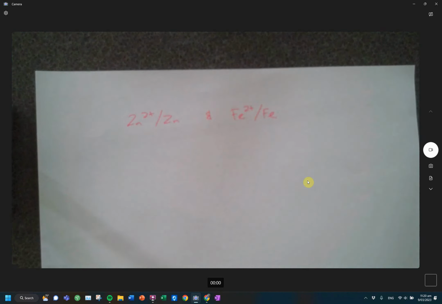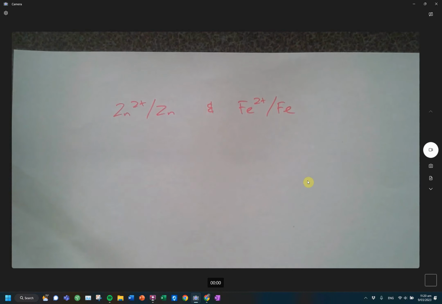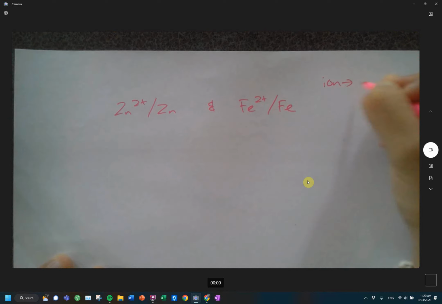So that's going to be the setup for your questions now, is that you're going to get metals, and with those metals you'll get their corresponding cation with them. Unlike electrolytic cells, we're not just going straight from ion to element. One of these guys is going to go ion to element, and the other one's going to go element to ion.